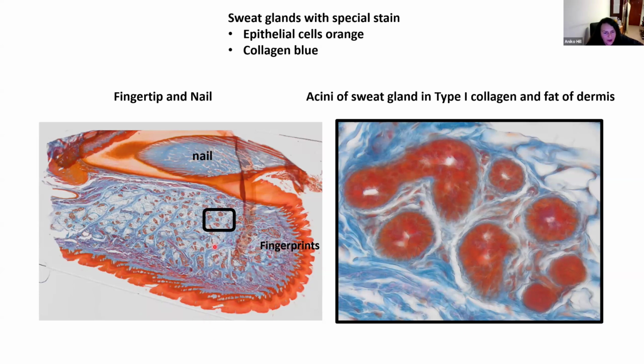And if you jump back here, you can see sweat glands are like everywhere. The collagen is very thick type 1 collagen. The myoepithelial cells don't show very clearly on this slide. The fibroblasts are beautiful, pink cells. And on the side, you can also see some adipocytes, so white adipocyte cells.